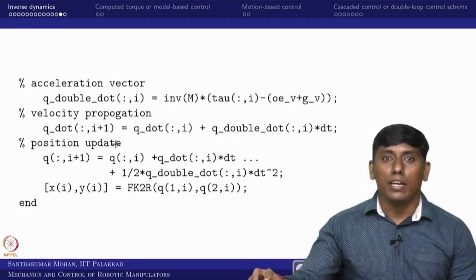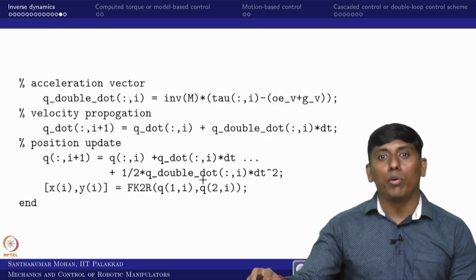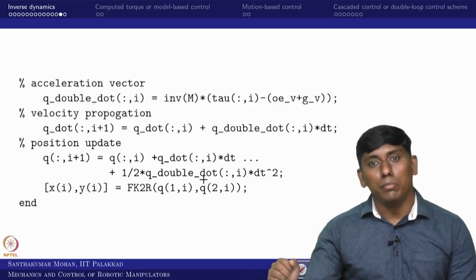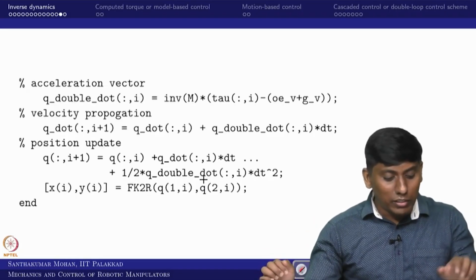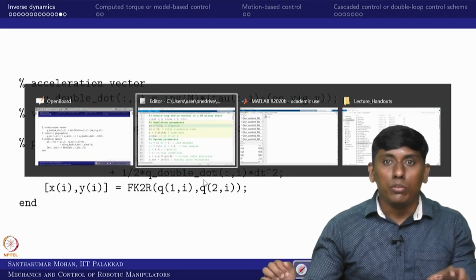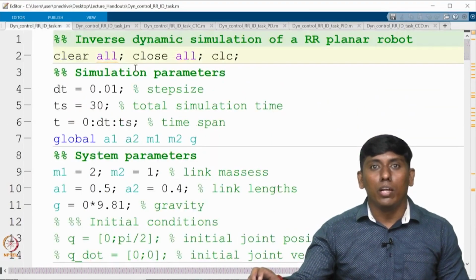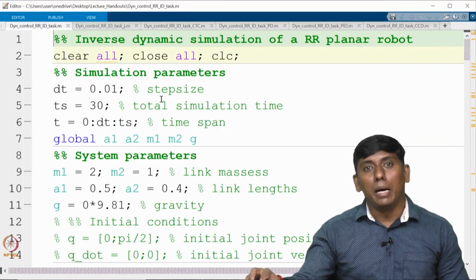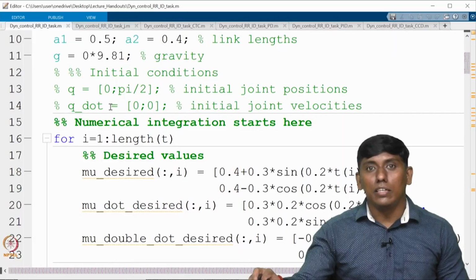We are trying to use simple Euler integration, with velocity propagation and position update, and once you update, you do the forward kinematics just for animation. Then you can see it in the Matlab code. I just want to show that this is the inverse dynamics model which we derived, in Matlab. You can see these are the cases we saw in the earlier slides.